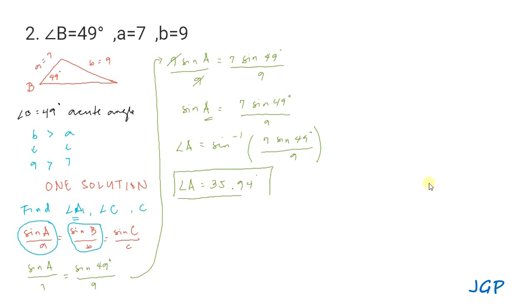Siyempre, kung may 2 angles ka na, you can now find the value of our angle C. So, your angle C now is equal to 180 degrees minus the first angle, which is 49 degrees, minus our angle A, which is 35.94 degrees. So, your angle C now is equal to, so let's solve using our calculator.